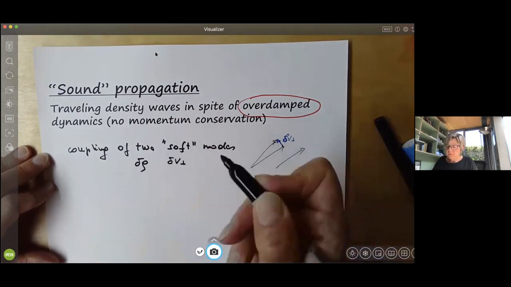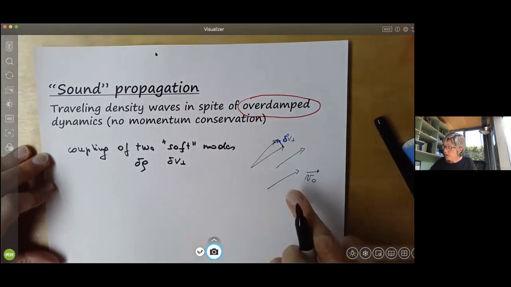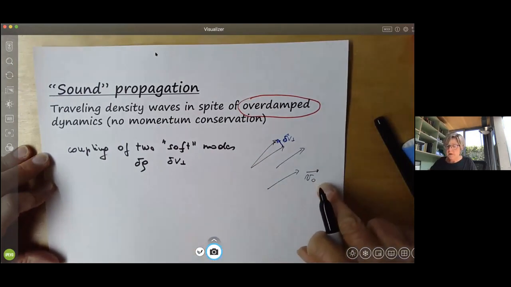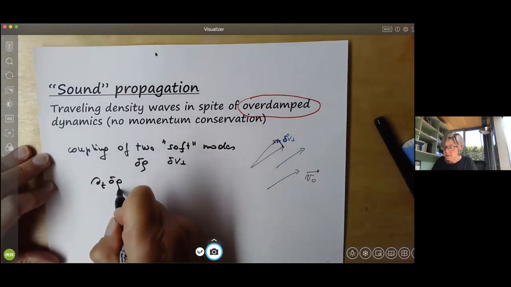And very roughly, if you take these two equations and linearize them in the frame where everybody is moving at the average velocity V naught, they will just look something like this.